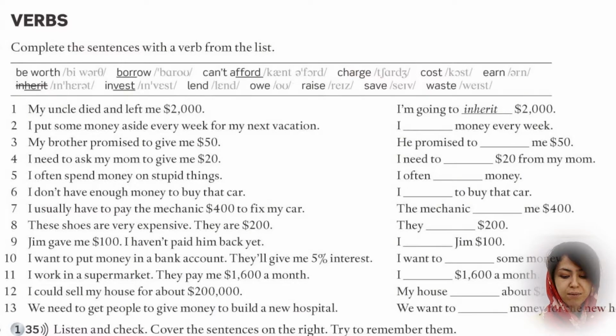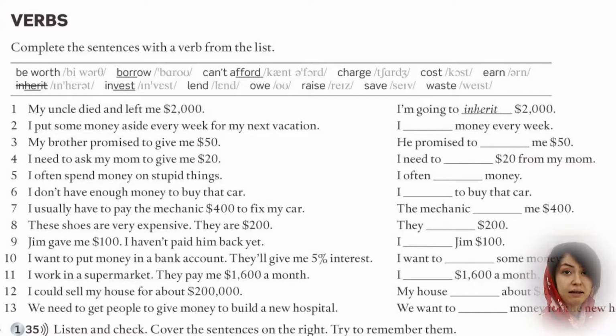Number 3, my brother promised to give me $50. So he promised to give money to someone as a loan. To lend is correct. Number 4, I need to ask my mom to give me $20. I need $20 from my mom.